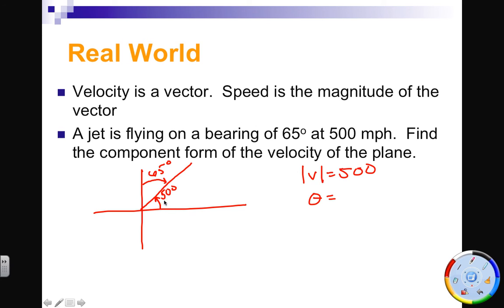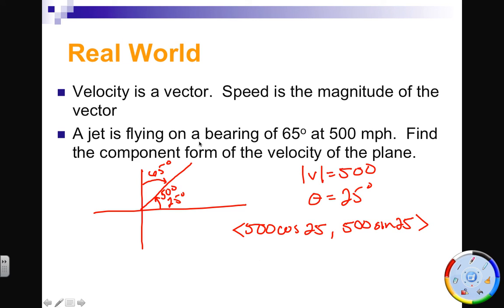You have to look at this angle. The bearing is 65, but the angle is actually 25. So theta is 25 degrees. So the component form of this vector would be 500 cosine 25, 500 sine 25, and that would be that.